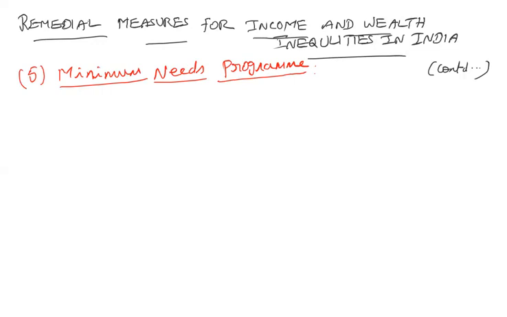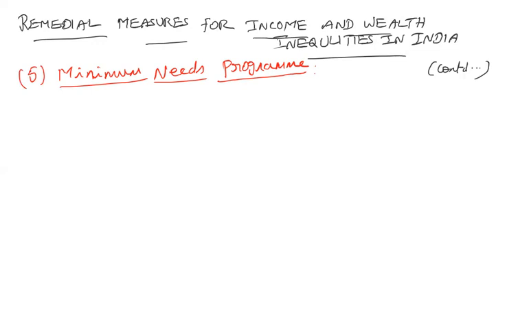The government thought that if the production and national income of the country keep on increasing, then automatically the poverty levels and the income inequalities will be rectified in the country.